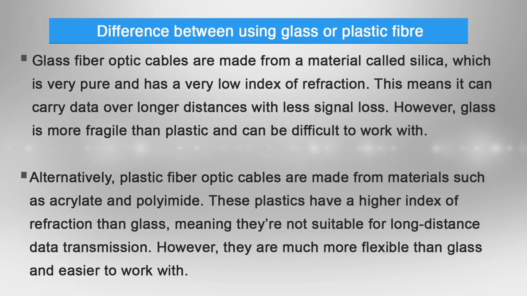Alternatively, plastic fiber optic cables are made from materials such as acrylate and polyimide. These plastics have a higher index of refraction than glass, meaning they are not suitable for long distance data transmission. However, they are much more flexible than glass and easier to work with.